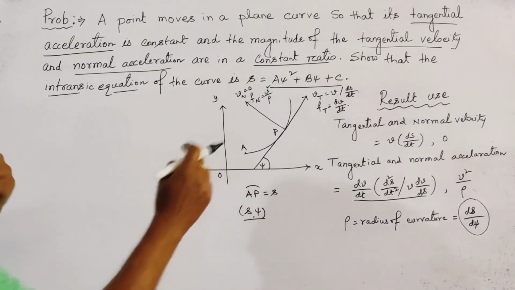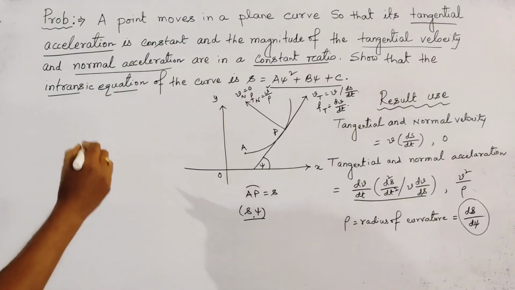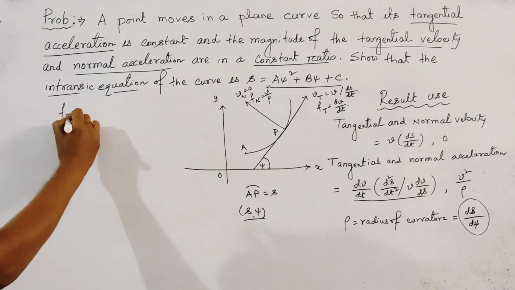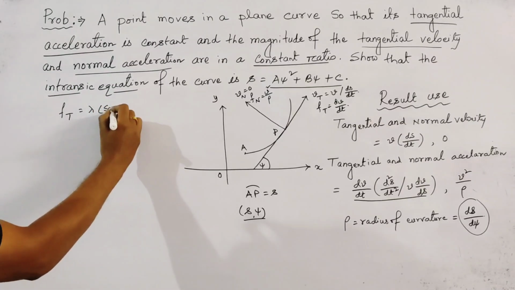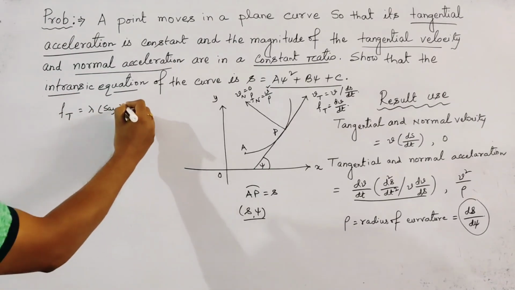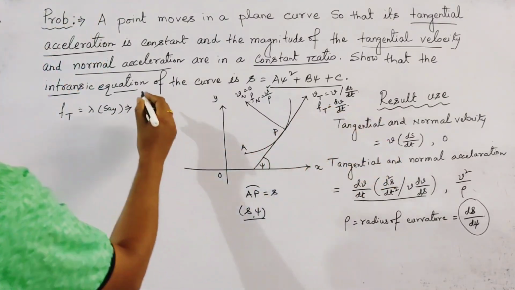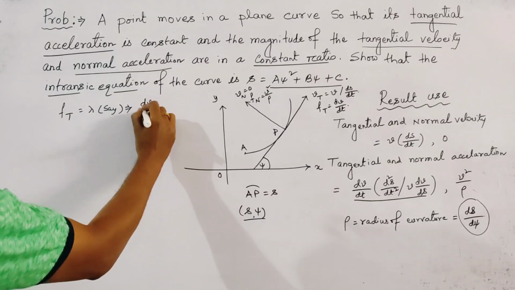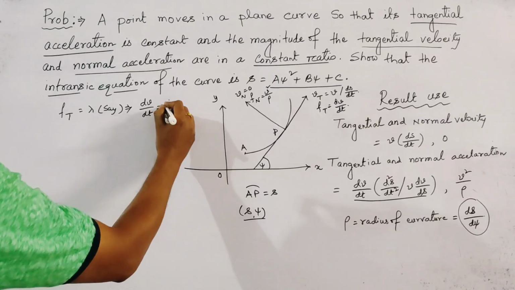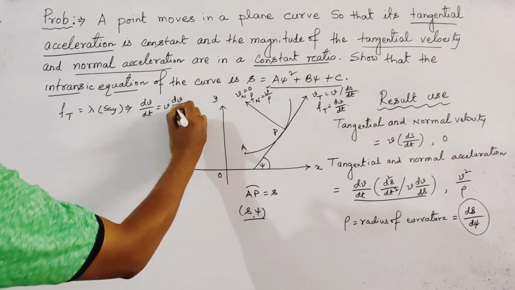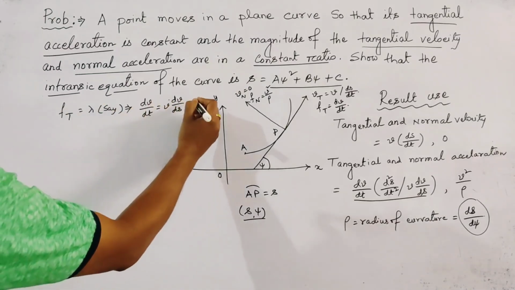Now, according to the first condition, tangential acceleration is constant. So we write tangential acceleration Ft is constant; let it be lambda. From here we can write dv/dt, or v dv/ds, which is the suitable form of tangential acceleration here.